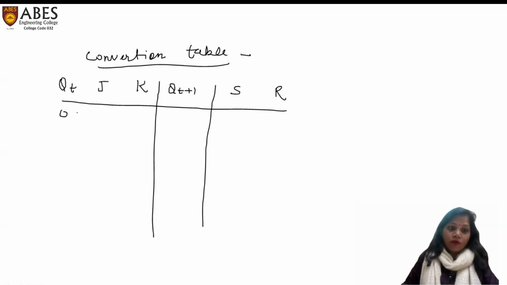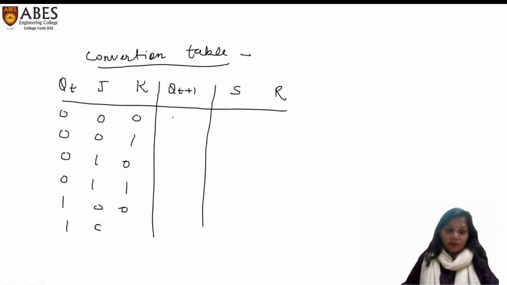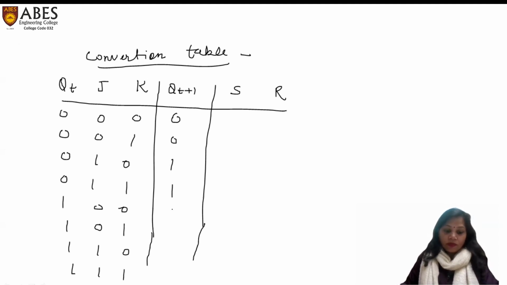So we have to draw all the combinations of the characteristic table.